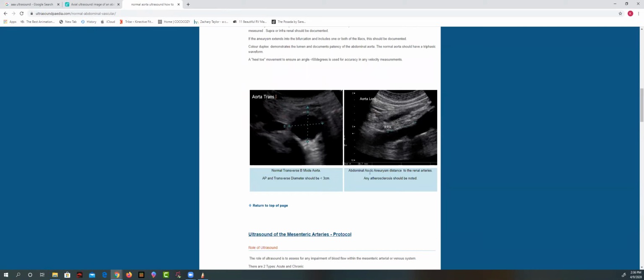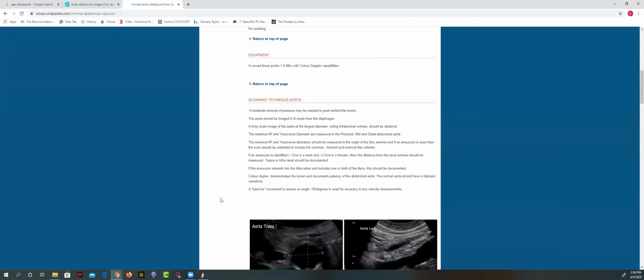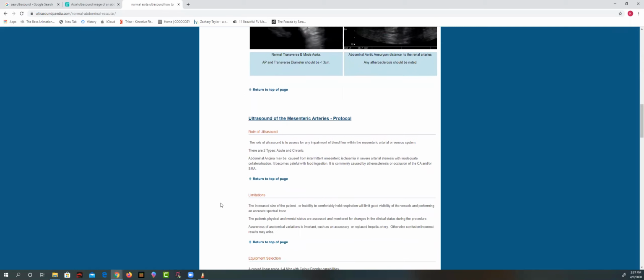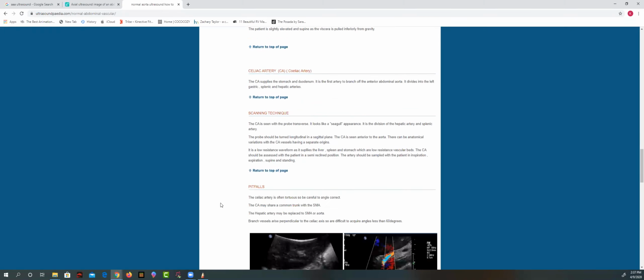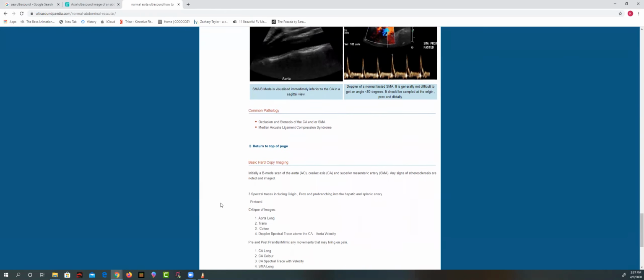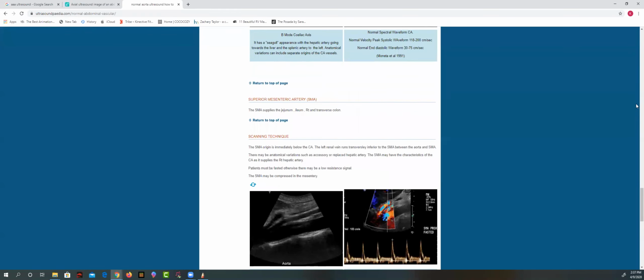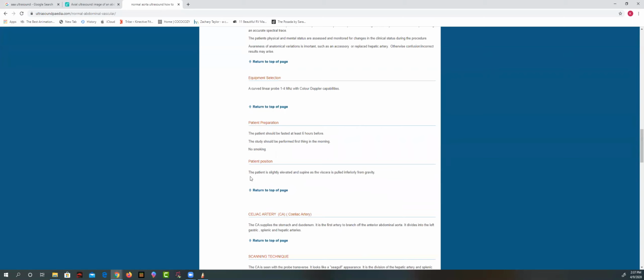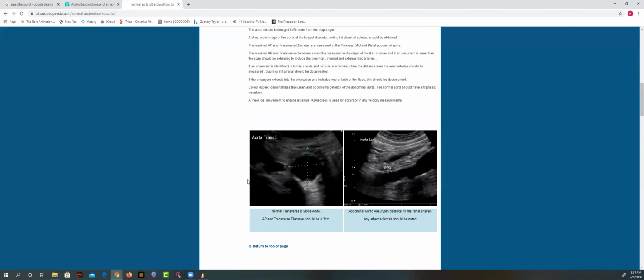Distance of renal arteries, any outcome should be noted. They're including all.